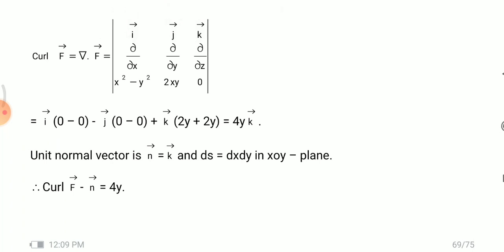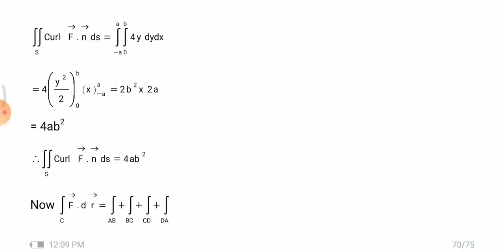Suppose the given region lies on the yz plane, then we get i vector. Suppose it lies on the xz plane, then n cap equal to j vector. So curl F vector dot n cap equals here 4y only. So k vector dot k vector, already we know the standard result is 1. So curl F dot n cap dS is equal to 4y into dy dx.